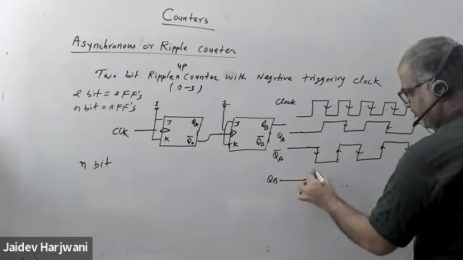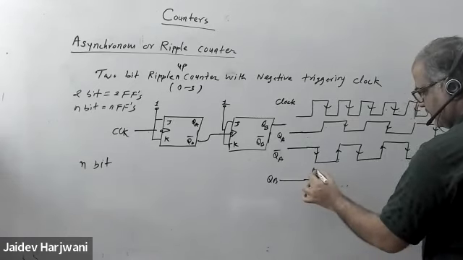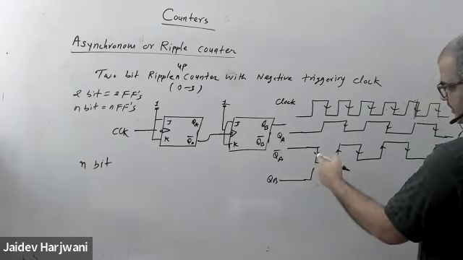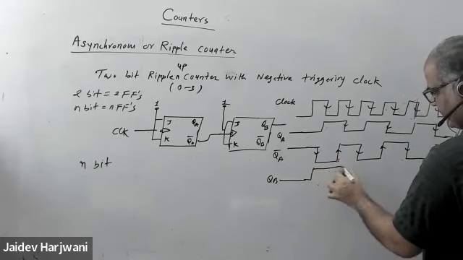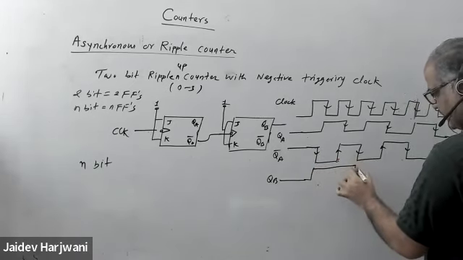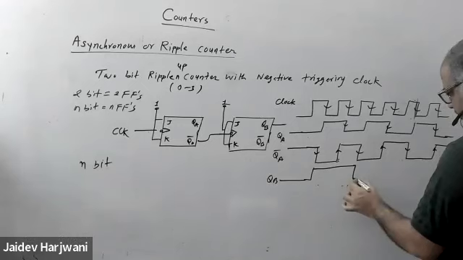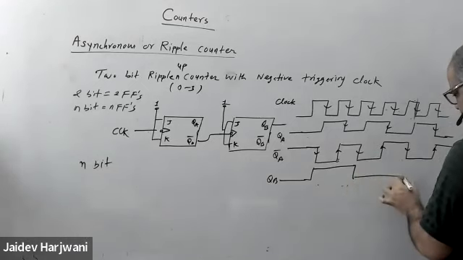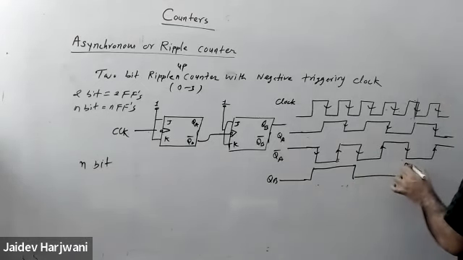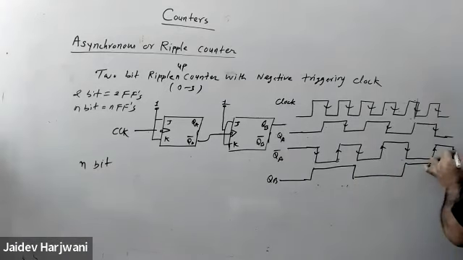This will go up here. Then it will always follow the down clock of this one. Then it will remain the same. Then the down clock comes here, it will come here. And then again it goes up, it comes down here, and then it changes here like this.